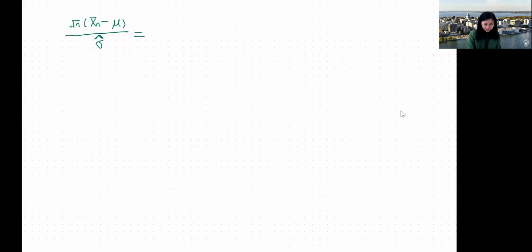It does, because this ratio equals the ratio with the true sigma, times the true sigma divided by sigma hat.